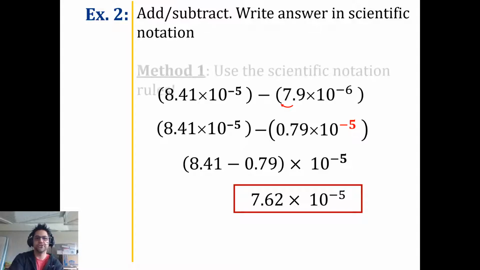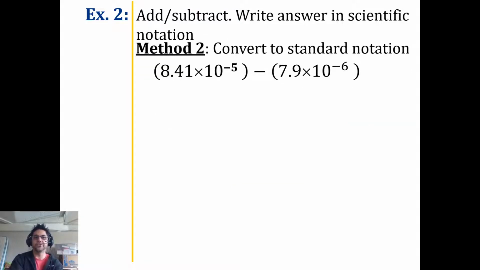Now, method 2. Remember, method 2 is converting it to standard notation. These are both really small numbers. So 8.41, I would have to move my decimal 5 times, and I need to make it a small number that starts with 0 because it's a negative exponent. The other number, I have to move my decimal 6 times, and make it a small number because it's a negative 6 exponent.